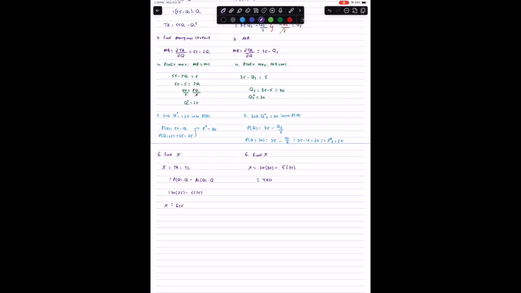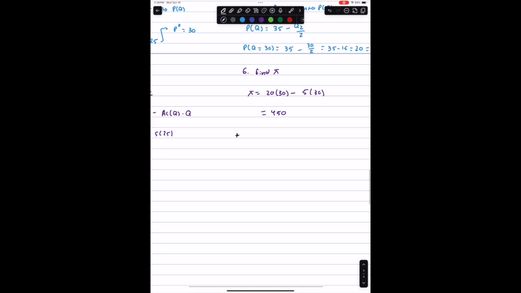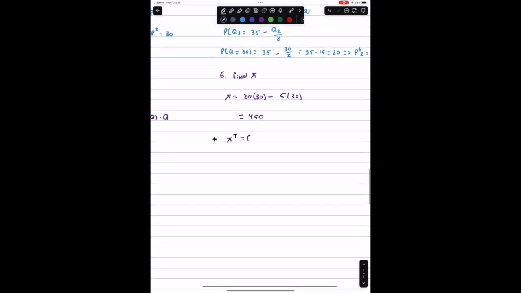And we know that, let me just write a star, our total profit is just going to be equal to 625 plus 450, which is going to be equal to 1,075. Perfect.